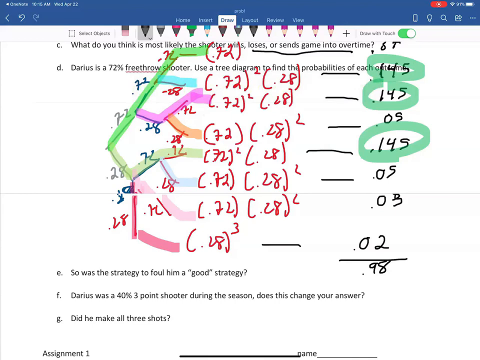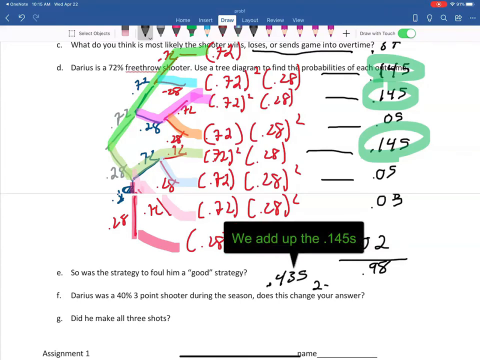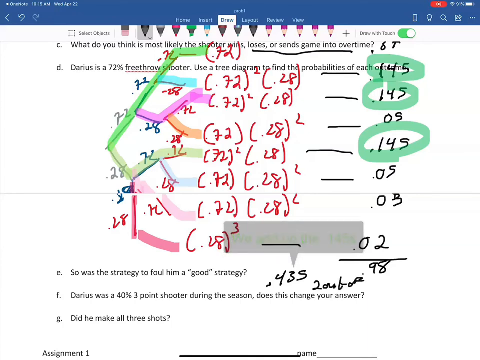You could have even figured it out, because the video showed what it is. If he gets 2 out of 3, that was 0.435, which is the tie game.